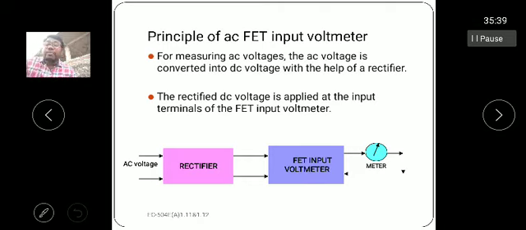It also provides high input impedance, which nullifies the loading effect in the FET input voltmeter. Because of the high input impedance there is no loading effect, and the power consumption is very low. These are the main important advantages of the FET input voltmeter.